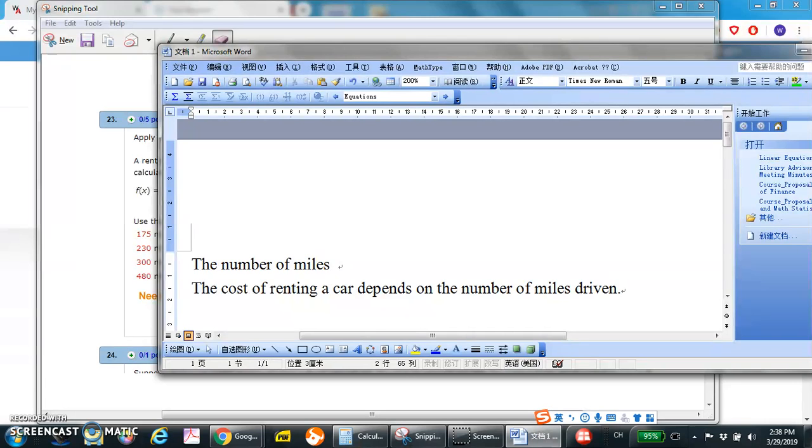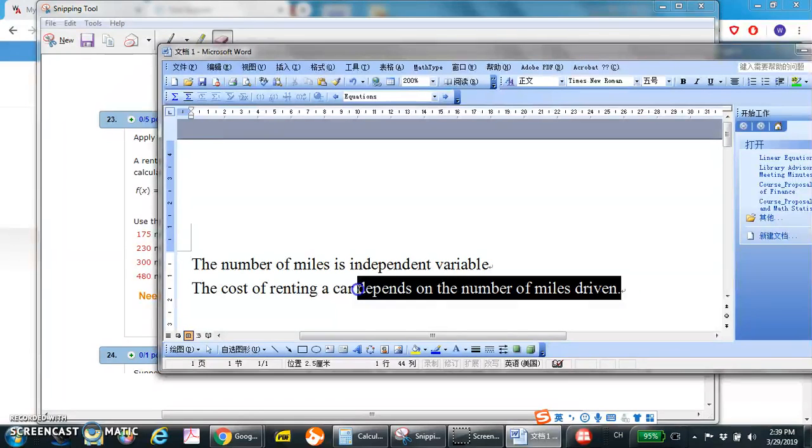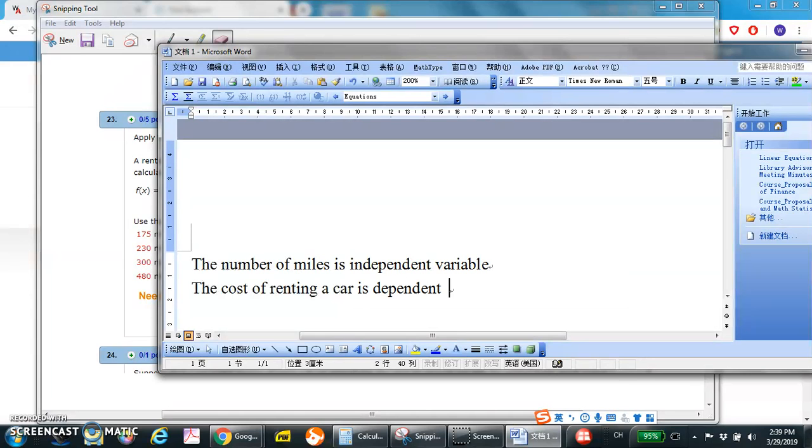Because the more miles you drive, the more you have to pay. So in this problem, the number of miles is the independent variable, and the cost is the dependent variable.